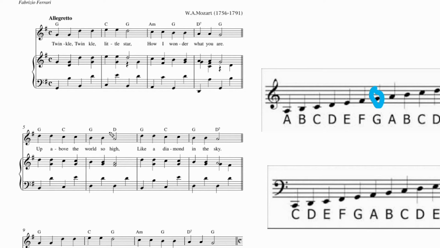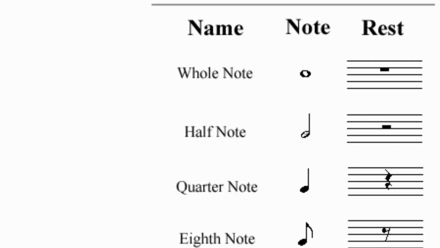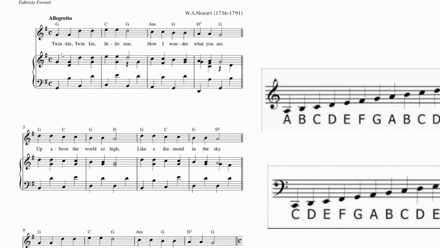If we look at our reference here, we can see that it is a quarter note. The second note here we should have found to be a D, and it is indeed also a quarter note, so we will play that for one beat.